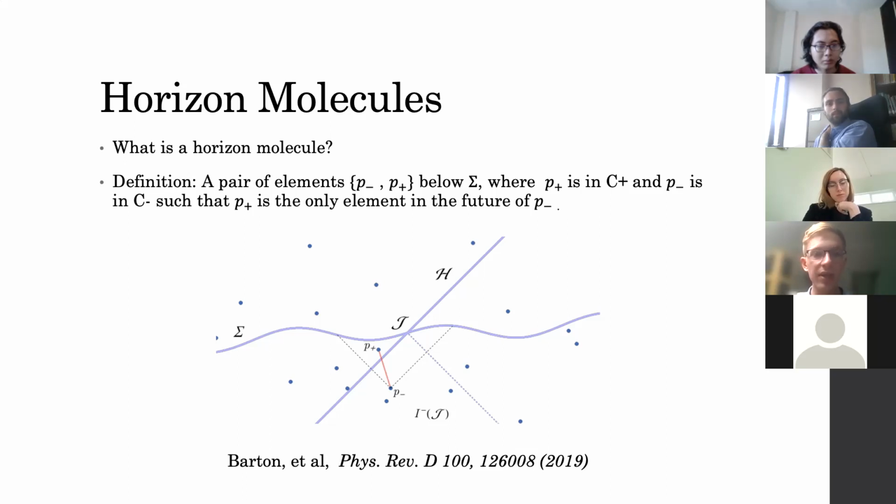A horizon molecule is made up of a pair of elements, P minus and P plus, with P minus lying in this bottom right region below our surface sigma and our light-like slice H, in C minus minus. And then our P plus point has to lie above our light-like slice H and below our sigma surface, in C minus plus.